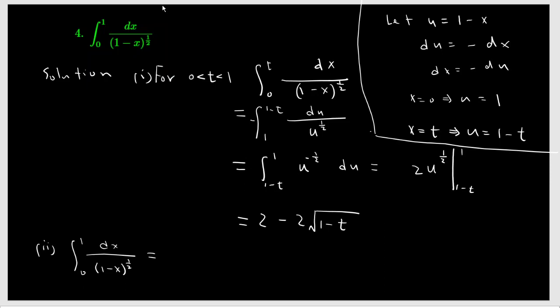I'm looking for the definition. In step 1 we have from 0 to t, right? dx on top. On denominator you have 1 minus x to the power of 1/2. Anybody want to tell me, this time the limit is taken as t approaches what number from what direction? The function is undefined at 1.